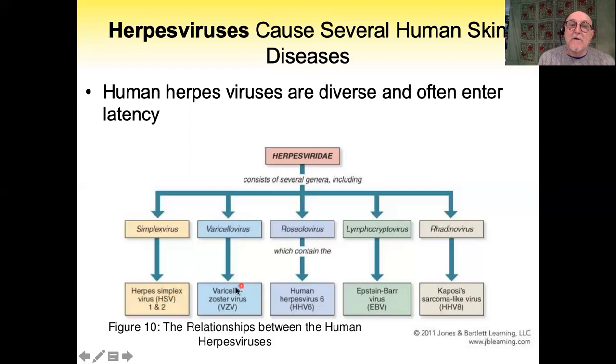The second group of herpes viruses that we need to talk about are actually quite closely related to the simplex viruses, but they are the varicella zoster viruses. Now, the most important of the varicella zoster viruses in human beings is the virus which causes the disease chickenpox in children. And I've mentioned this before.